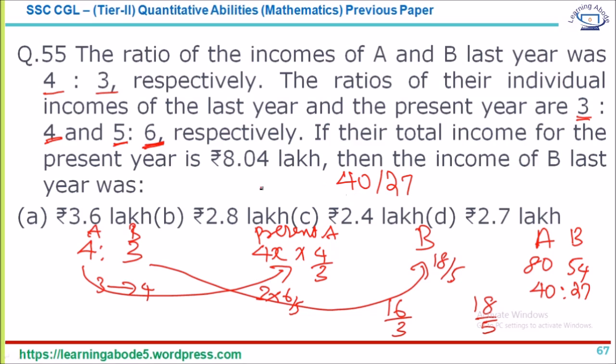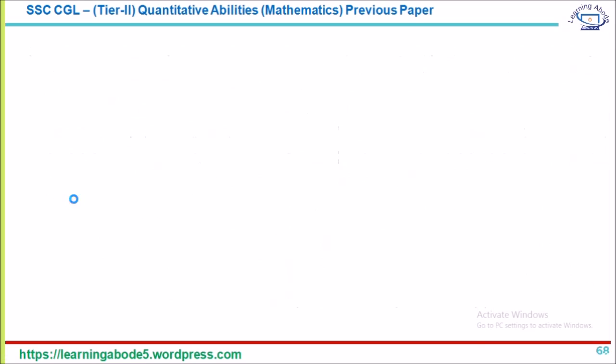Now that is 8.04, right? So 40 plus 27, totally 67. Okay, 67x is equal to 8.04. So what is 27x? 27x is 3.6 lakhs. That's the answer for question number 55.